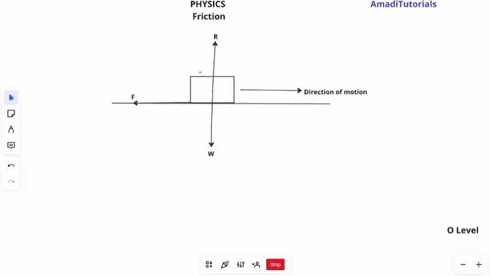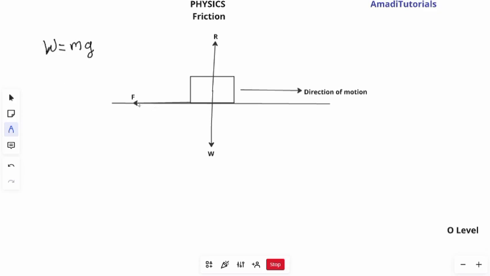So now, what are the formulas or mathematical expressions that you use to analyze the frictional force on a block of wood resting on a horizontal plane? Now we know that weight W is defined as mass times acceleration due to gravity.